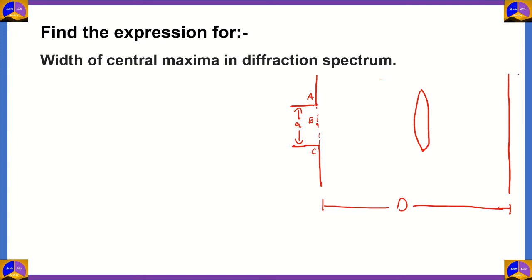What happens is that if we take rays from the three points, that is A, B, and C, let's take it from B first so that it will be more clear. The ray from B passes directly through without any diffraction. And the other ray starts moving and then gets diffracted like this.